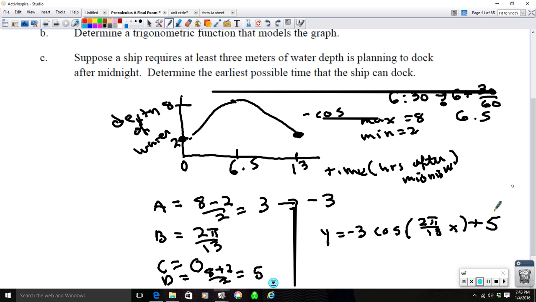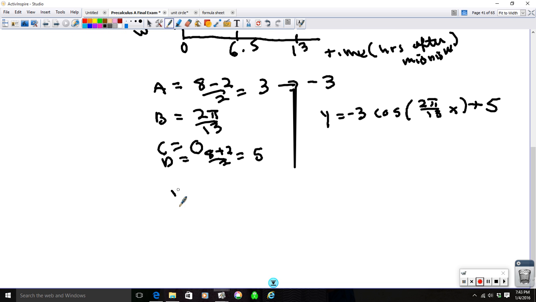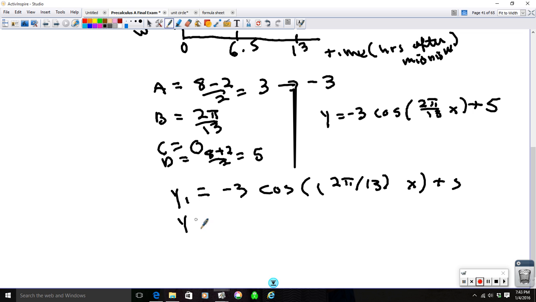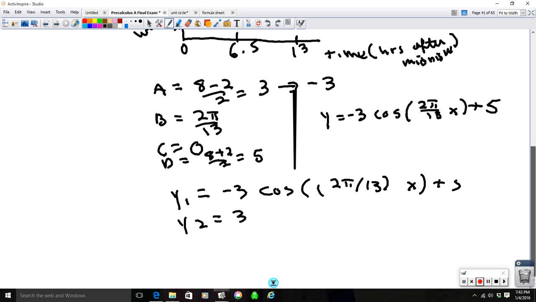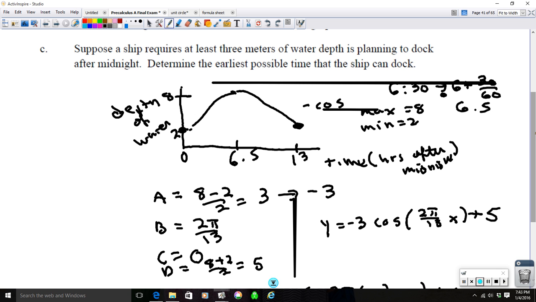So you're going to go down here and you're going to put this in the calculator. It's y1, and this is 2 pi over 13 x, close the parentheses again, plus 5. And y2, it can dock when it's 3. So this is question number 42.